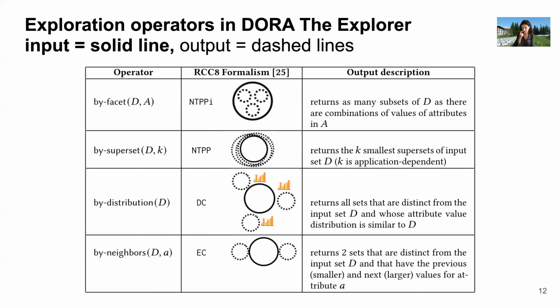So for instance, if you have as input a set of galaxies with a certain density and photometry, it's going to be finding the two sets whose values, say for density, are immediately smaller or immediately larger. Okay, so these are the four operators that we're using within DORA.